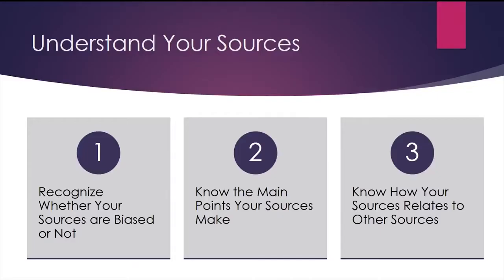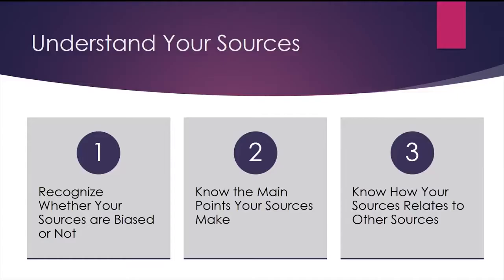And that's really important, because if you have sources that disagree with each other and they're both biased, you need to know that to help make whatever point that you're trying to make. If they're not biased, then that really helps you, because you don't have to address that. They have their own credibility, which is incredibly useful. But you need to be aware. You need to understand that about your source.